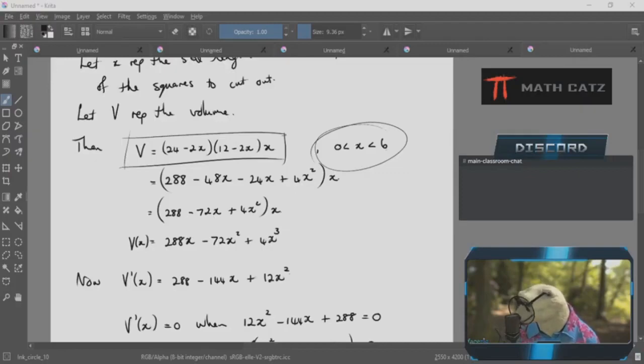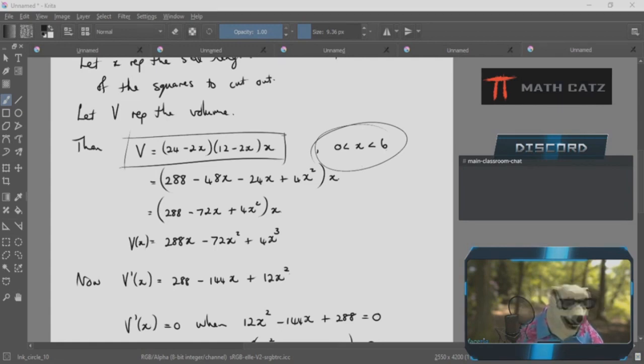Times 12 minus 2 times 2.5358983 something, and then times that number again, 535898384.